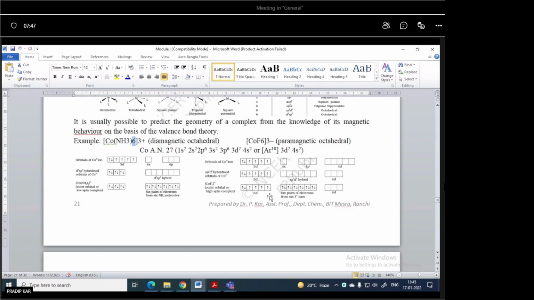So it will interact with the magnetic field. It will rather strongly interact with the magnetic field because of the presence of 4 unpaired electrons. As the number of unpaired electrons is increasing, the interaction is stronger. So as 4 unpaired electrons are present, it will be paramagnetic.